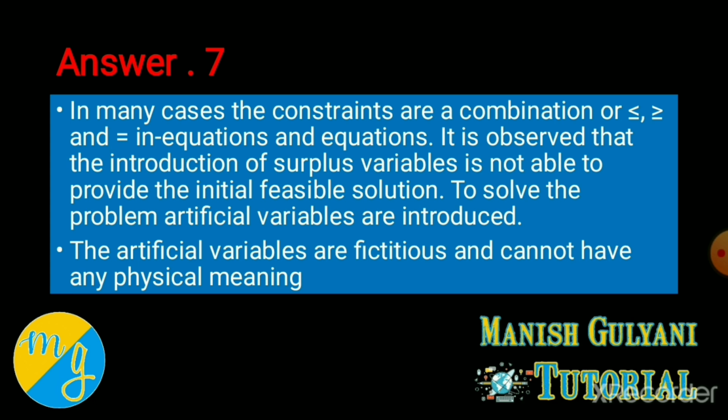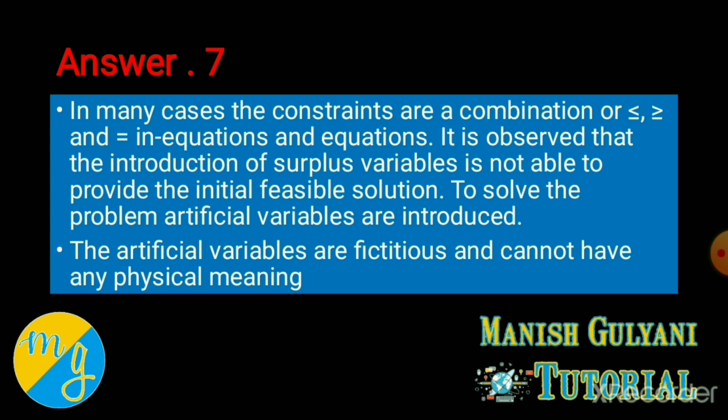physical meaning. If you remember, whenever you make your objective function denoted by Z, the value of artificial variable is denoted by M, plus M or minus M. That's why it's said that the values of artificial variables are fictitious and can't have any physical meaning.